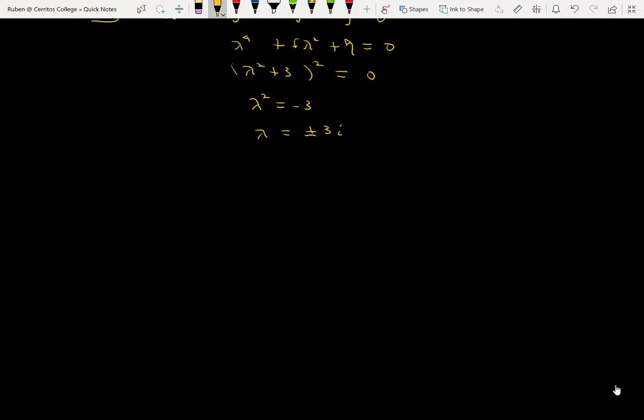But each of these roots is a root of multiplicity 2 because of the squared term right here. So each root is of multiplicity 2.